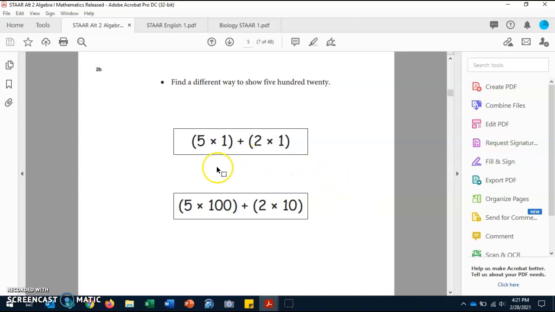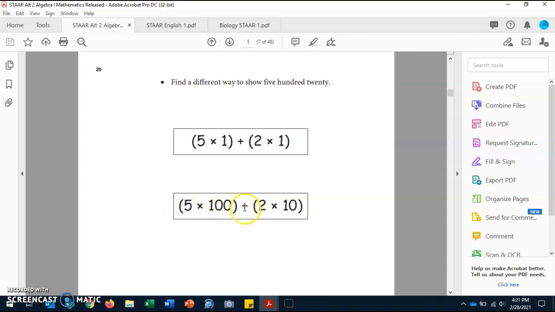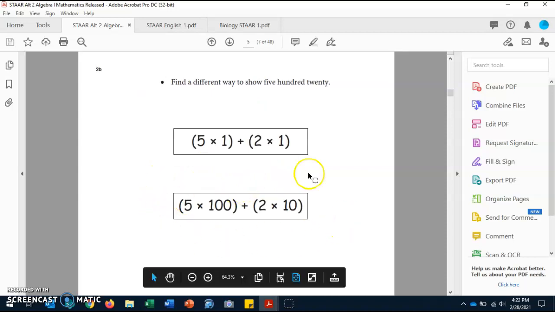Awesome job. Yes, you should have circled the bottom choice. 5 times 100 is 500. Plus 2 times 10, if you were to multiply these two, gives you 20. So then 500 plus 20 is the same thing as we saw up here. So this is a different way to show 520.